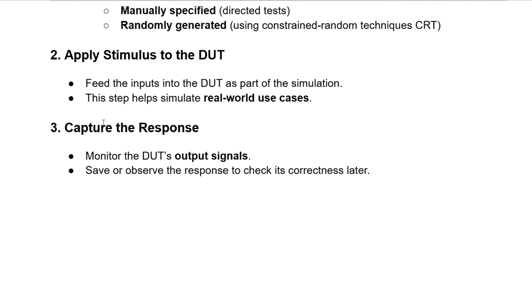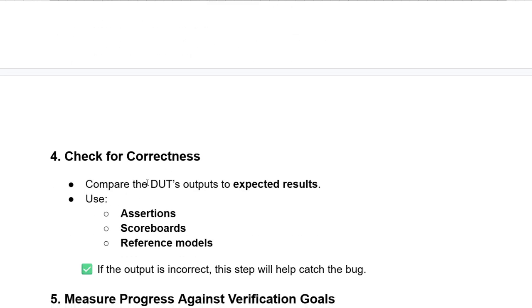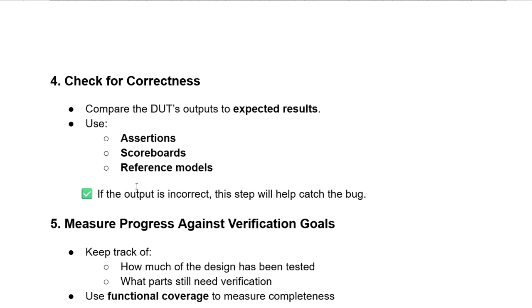So here we capture the response, which means monitor the DUT output and save or observe the response to check its correctness. Then we check the correctness. Compare the DUT output with the expected result. We use assertions, scoreboards, and reference models.